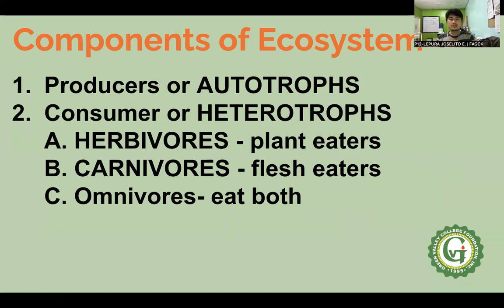Again, there are two components of ecosystem. First are the producers, the ones that produce. We know that plants are producers because they are able to manufacture their own food just by the aid of sunlight and carbon dioxide.